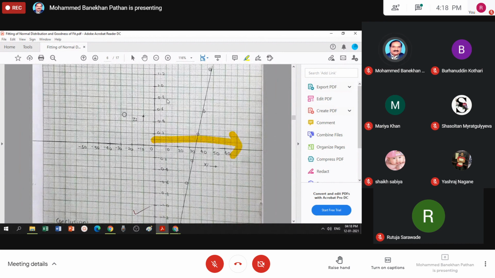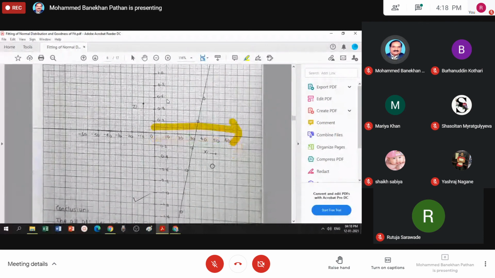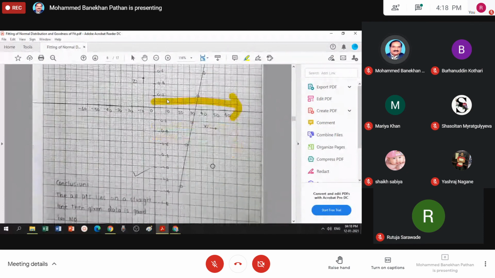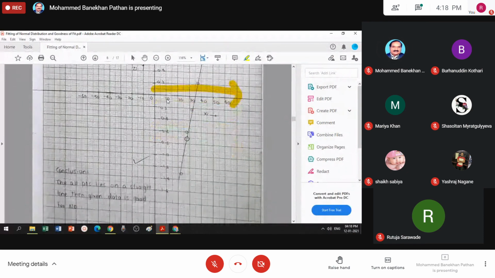And on zi, you take the i minus 0.5 divided by n values and draw the points. You can see all the points are around this line.